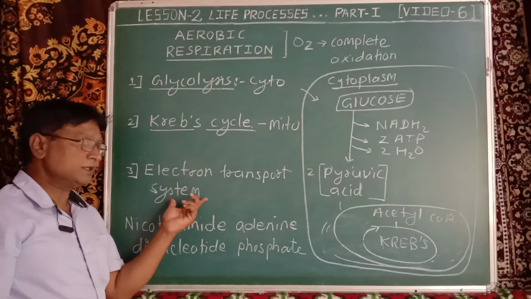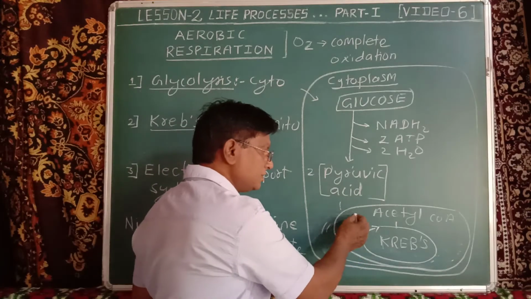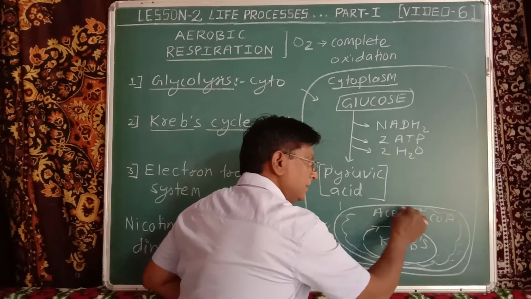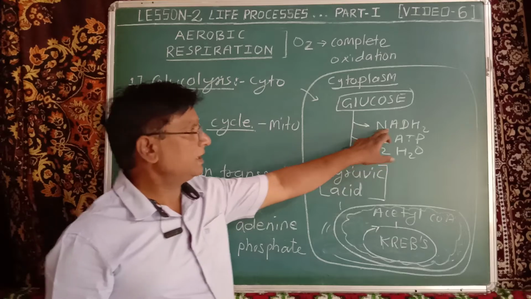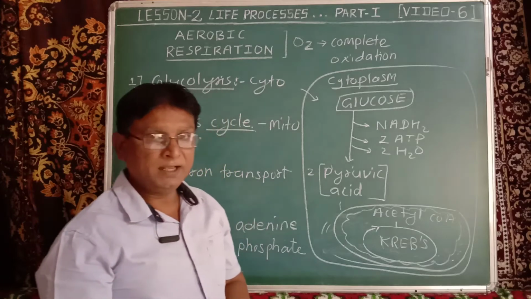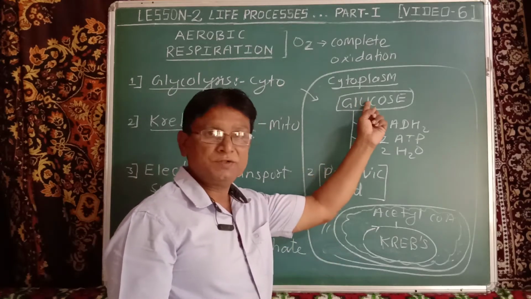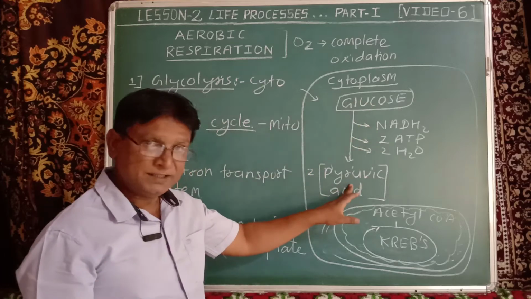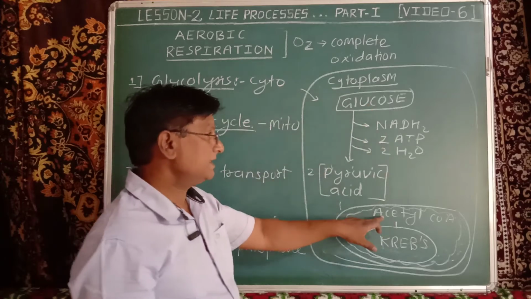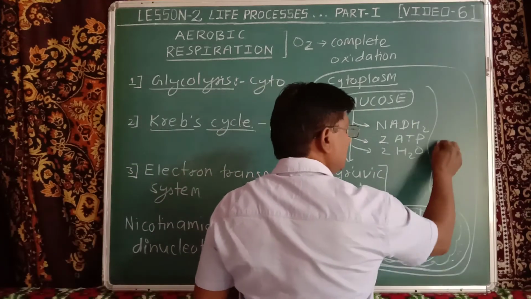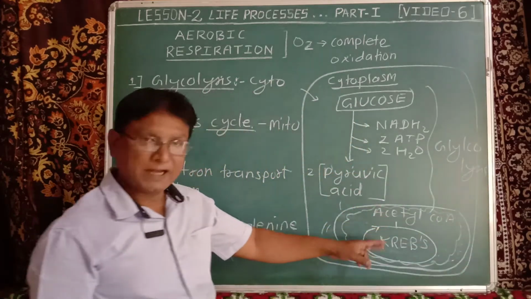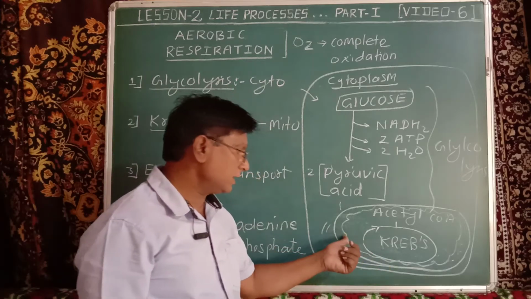Third is electron transport system. Electron transport system also takes place on the inner membrane of mitochondria. In this, the coenzymes NADH2 and FADH2 are converted into ATP molecules.